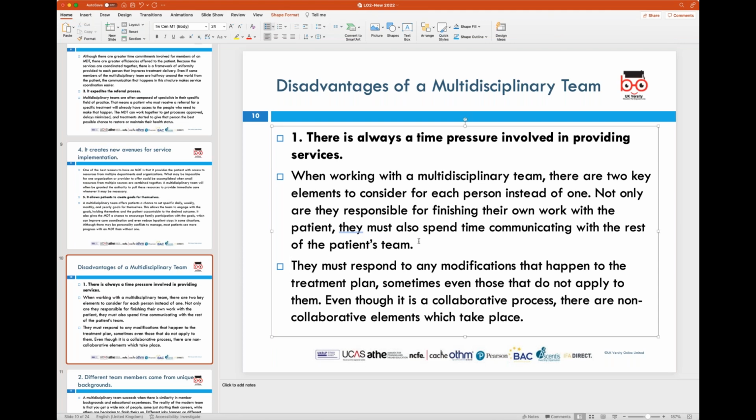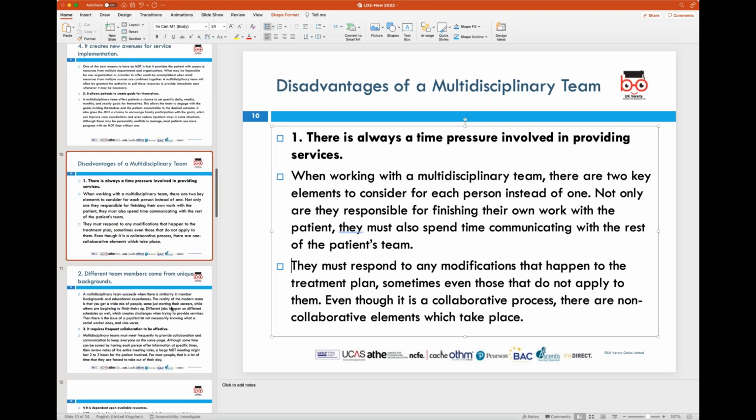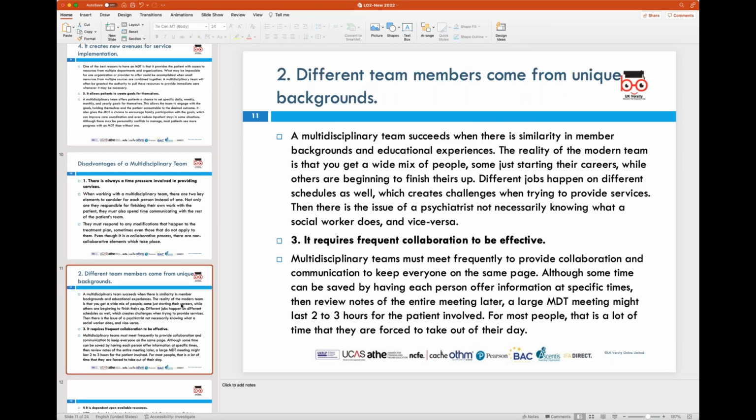That created a backlog and in general a time pressure in providing these services at the NHS. This is considered a disadvantage, or a weakness, of the multidisciplinary team, because the whole approach was focused on dealing with the pandemic, and that is where other patients got left out because of the postponement of operations and procedures which were supposed to be carried out.